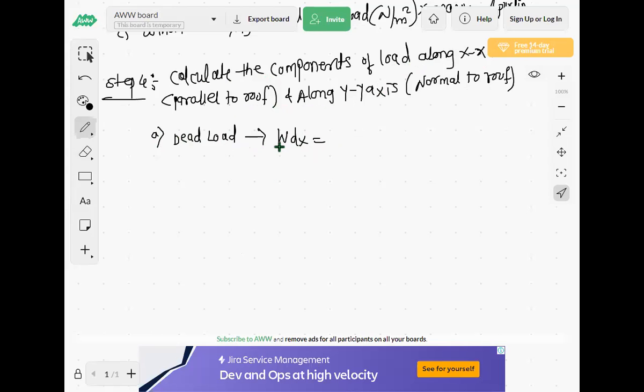W is the load, D means dead load, X means X component. We have to calculate the X component. So dead load in Newton per meter, whatever we have calculated in step number 3, into sine of theta.